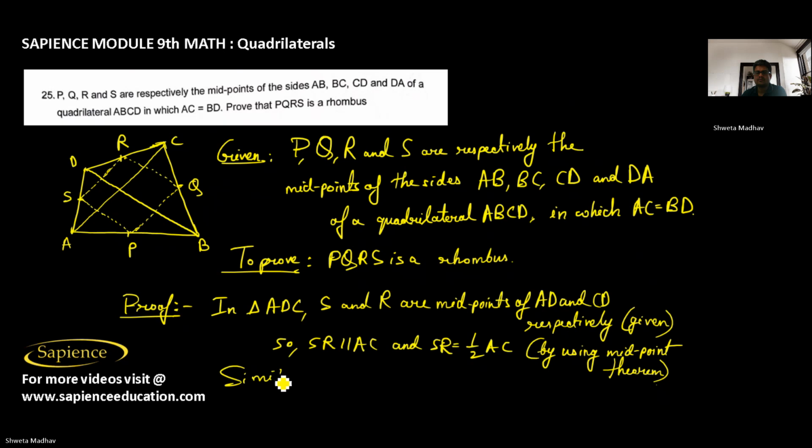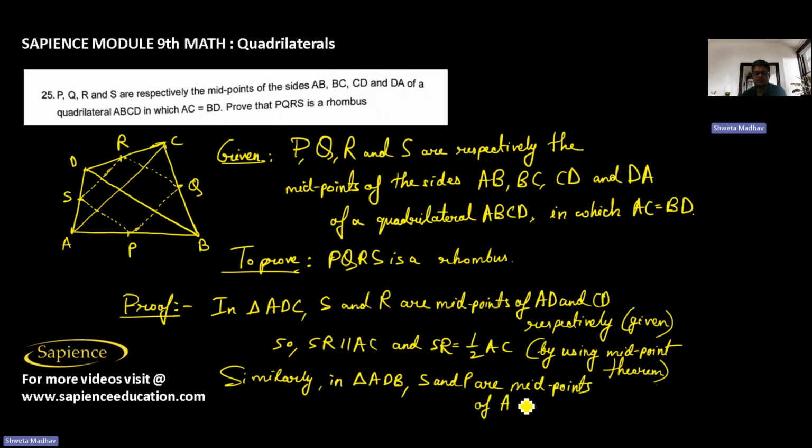Similarly, in triangle ADB, S and P are the midpoints of AD and AB respectively.